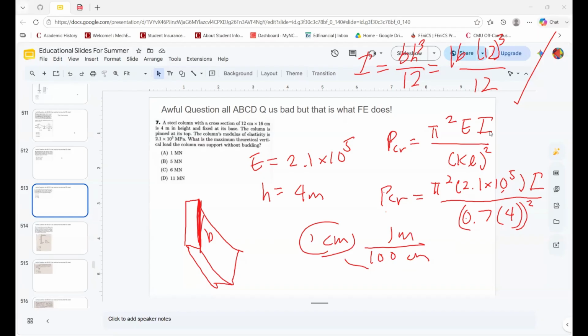So it's 1 divided by 100 to the power of 4. And then the bottom over here is parentheses 0.7 multiplied by 4 parentheses squared. And I get something.